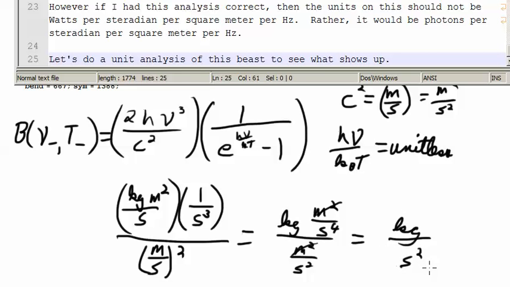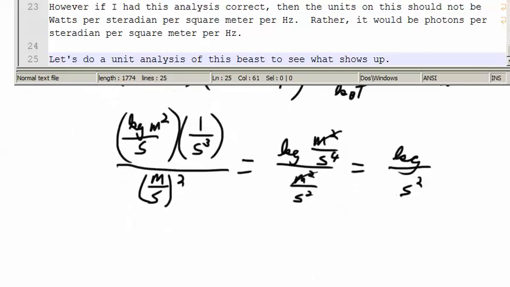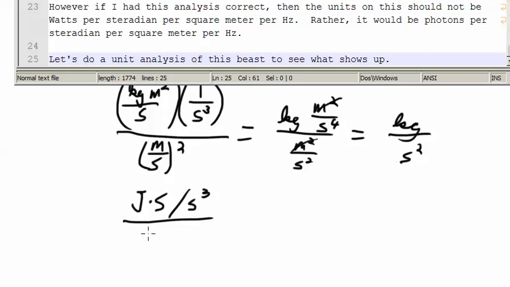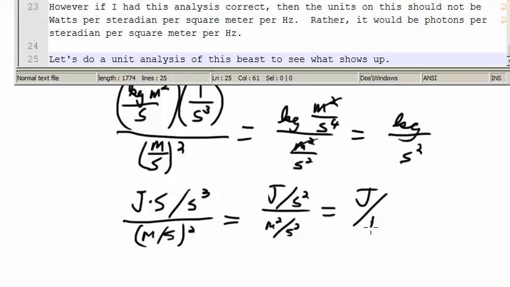I don't find that particular unit helpful, so let's play with this a little bit. I said h was also in joule seconds, so let's try joule seconds here. Joule seconds per second cubed divided by meters per second squared, which is joules per second squared divided by meters squared per second squared, which comes out as joules per meter squared.